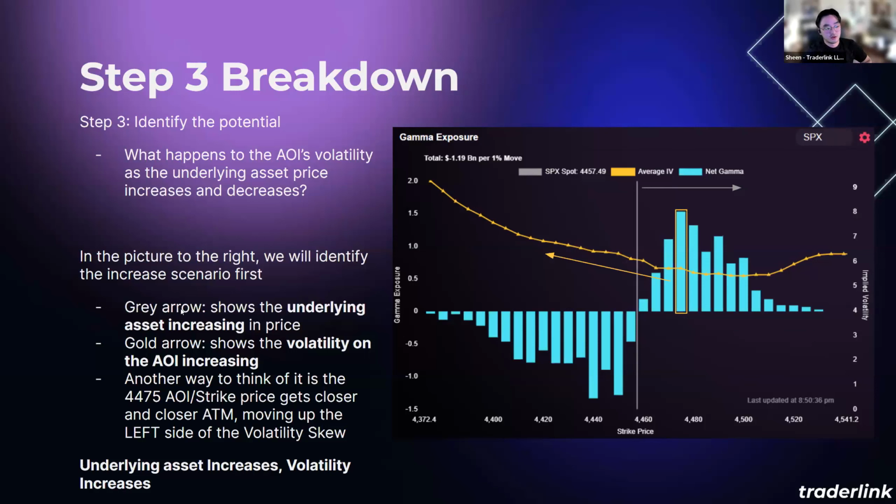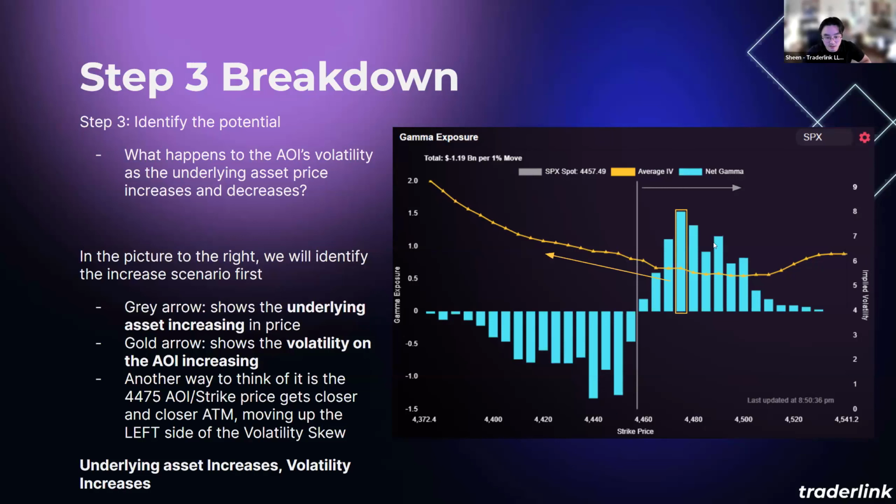So the gray arrow shows the underlying asset price is increasing, correct? This gray arrow right here, as you can tell, the spot price moves over to the right of the chart. It increases in price. The gold arrow shows the volatility on the AOI increasing, correct? So once the spot price increases, the AOI shifts to the left side of the screen per se, right? It follows the left side of the volatility skew.